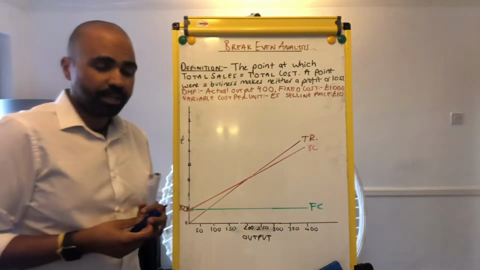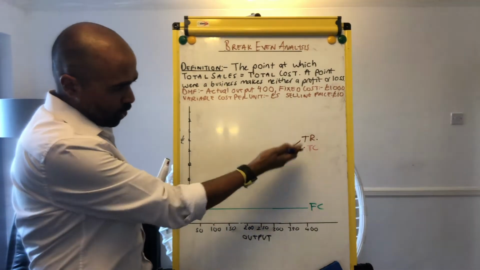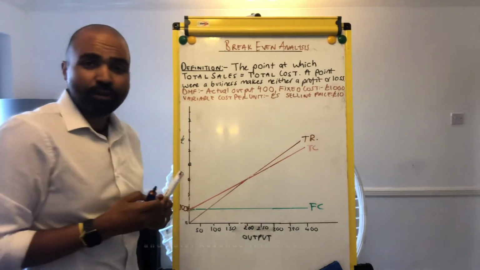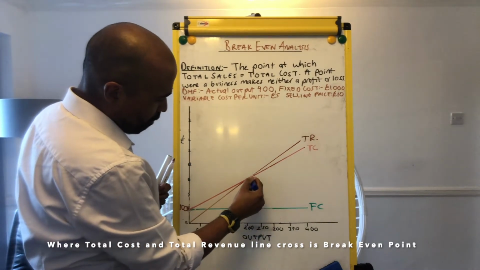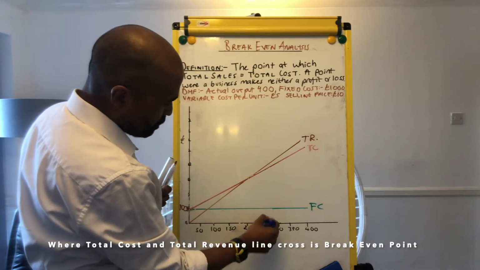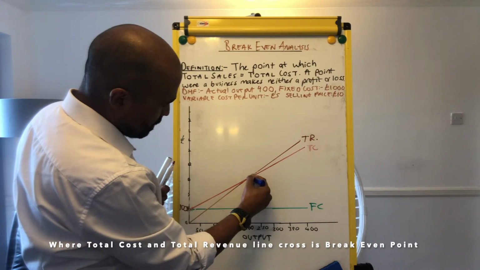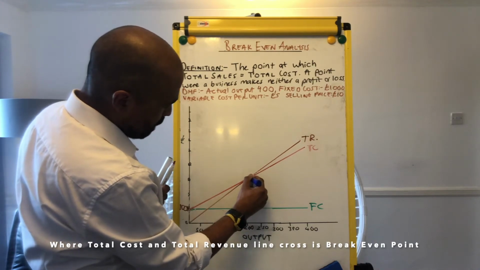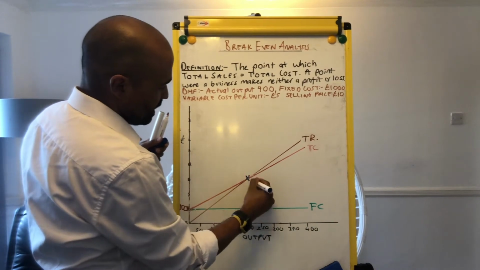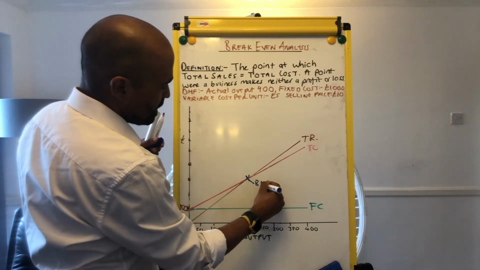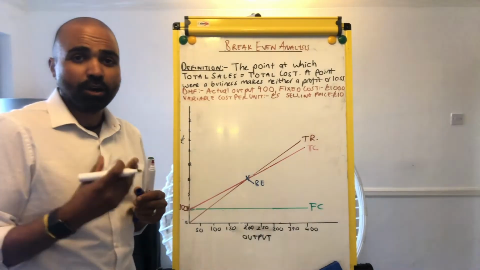What you'll find is where the total cost and the total revenue lines crisscross is called the point of break even. If you've watched the previous video, you'll know the point of break even is 200. So we label that 200. So 200 is here, and that is the point of break even.